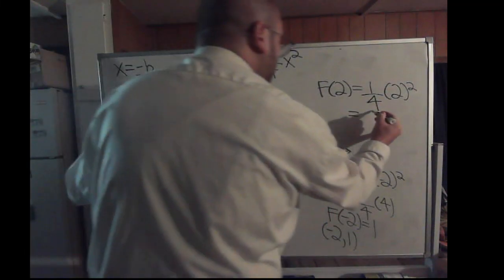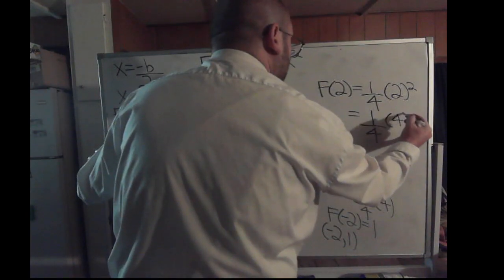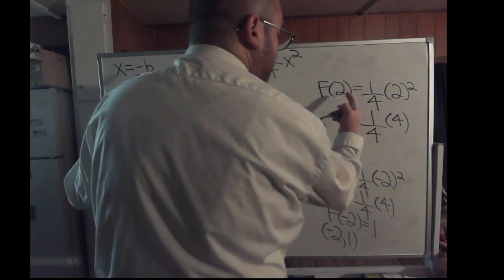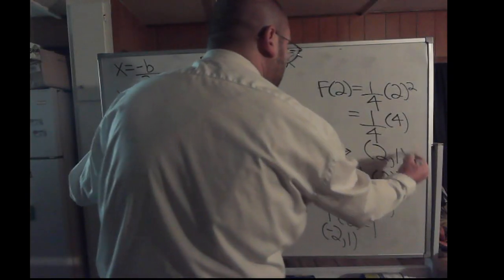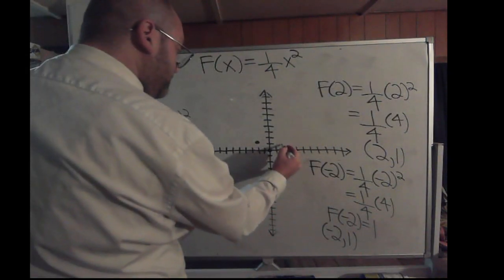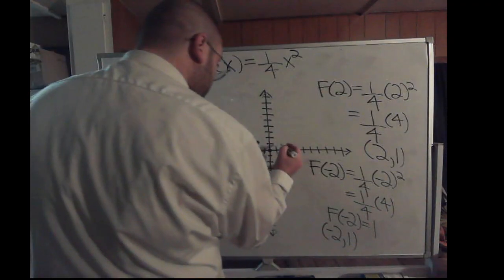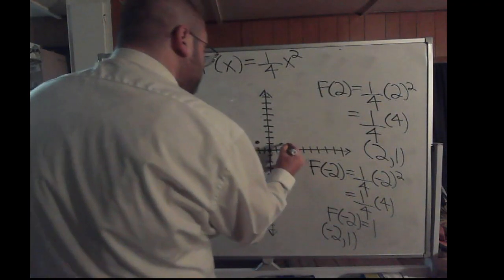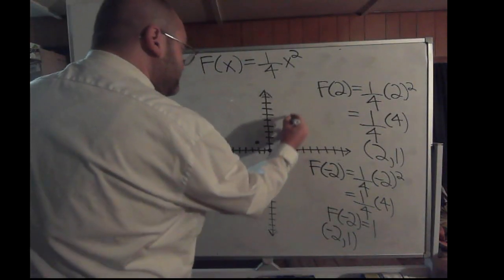So that would equal 1/4 times 4. So that means f of 2 equals 1, so therefore you get the point 2, 1. So 2, 1 we can also plot. So now we've got our 3 points. Let's go ahead and connect them and draw a nice parabola.